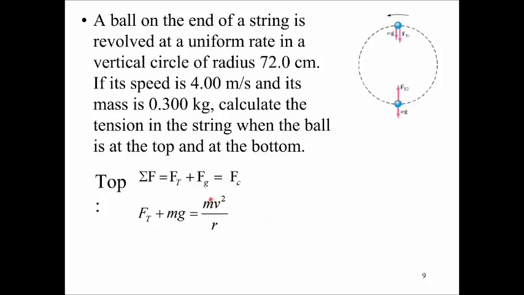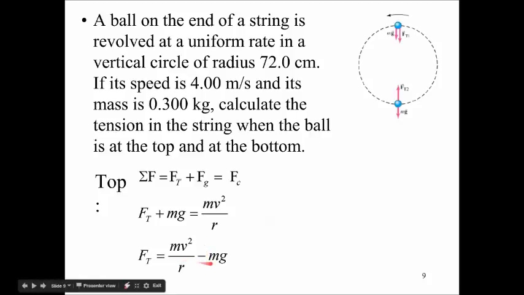So it's m, the acceleration is v squared over r, and the tension is the thing that we're calculating here. So that's our unknown, and mg, of course, is the weight. And so what we're going to do is subtract the weight from the centripetal force.